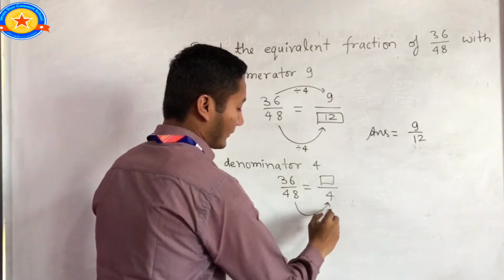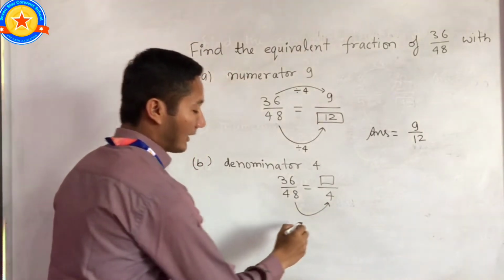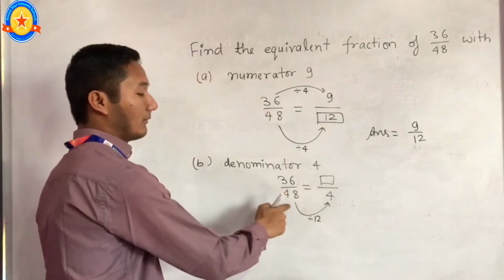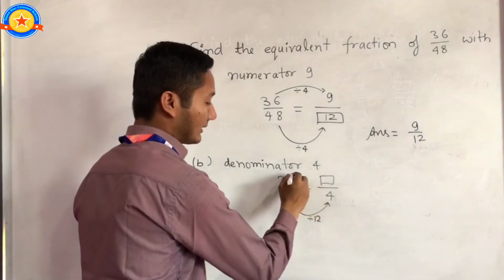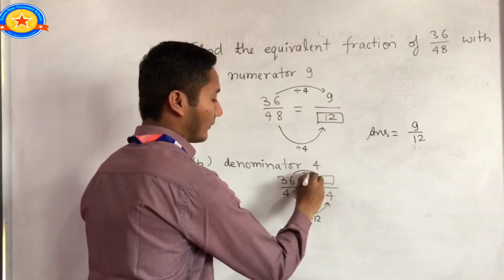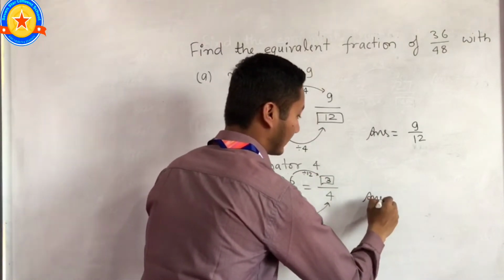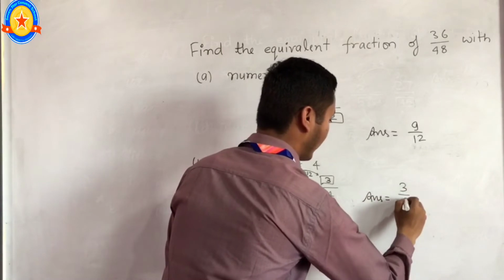Now we check, we have to divide 48 by 12, then we get 4. Now 36 divided by 12, we get 3. Our answer is 3 by 4.